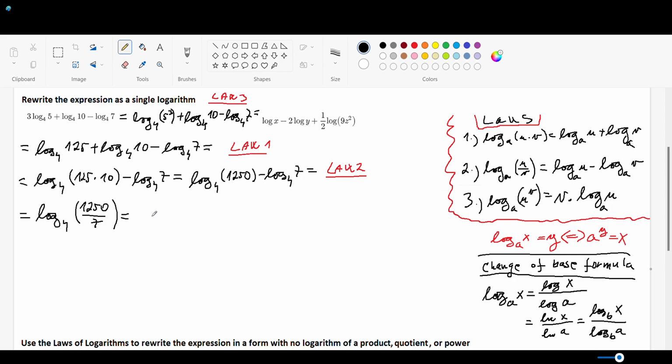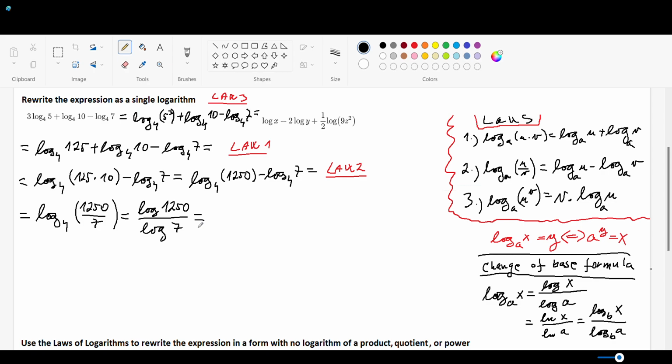But as we already said, the easiest way is to calculate log 1250 over log 7, and then you will find the solution.